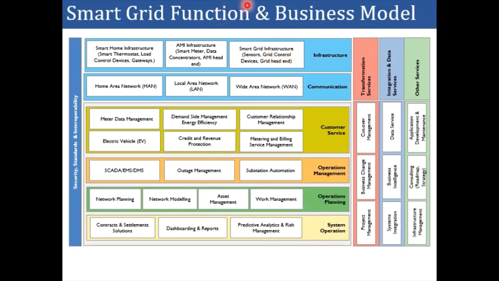Now for functional, you will see there are various operations related applications, say SCADA, outage management or substation automation. Then you may have operations planning related applications like network planning, network modeling, asset management, and work management, or some system operation related applications like contracts and settlement solutions, dashboarding and reporting, predictive analytics and risk management.